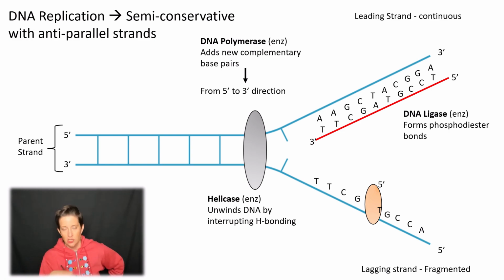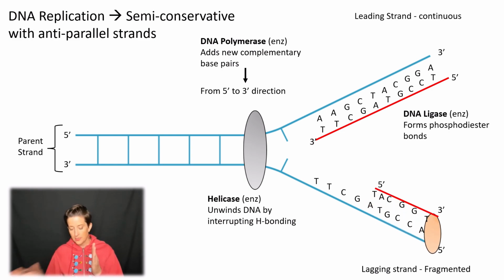So the lagging strand is made in fragments. Specifically, they're called Okazaki fragments. That's the scientist who found the fact that these short segments of DNA are made. So we're going to get these short segments so that the new DNA can be made in 5' to 3'.